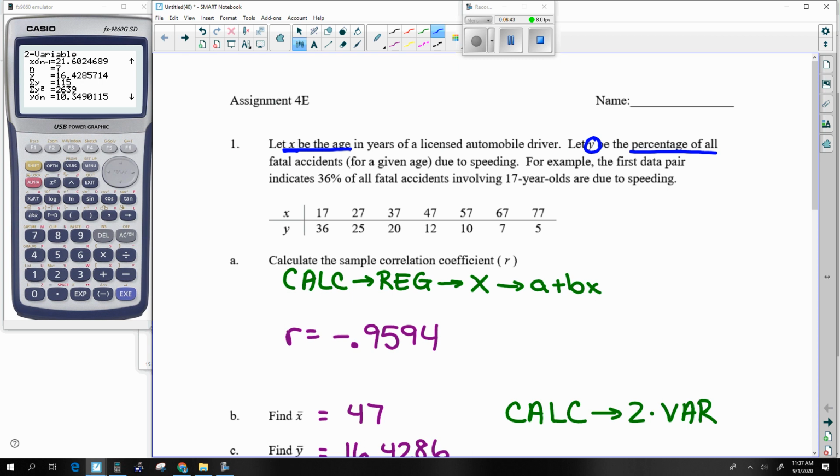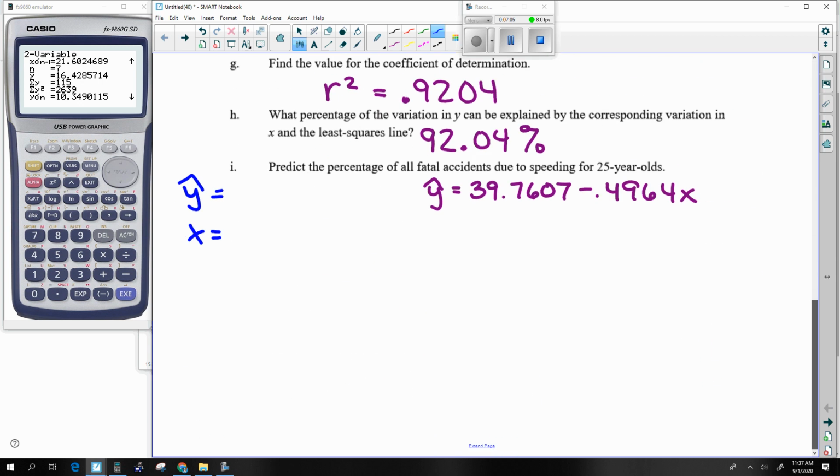So for instance, this would be 17-year-olds, and this is the percentage of fatal accidents due to speeding. Okay? So if there's a fatal accident, 36% of them are due to speeding. So X represents age, and Y represents the percentage of fatal accidents due to speeding at that particular age.